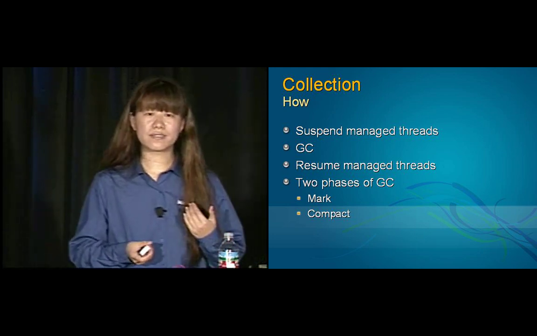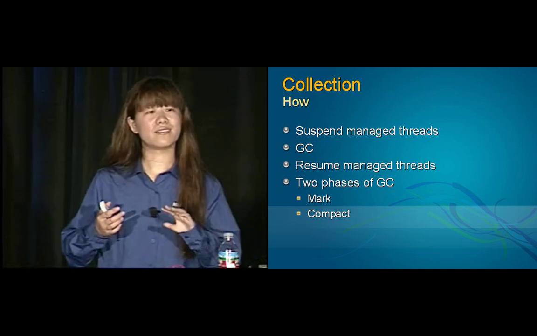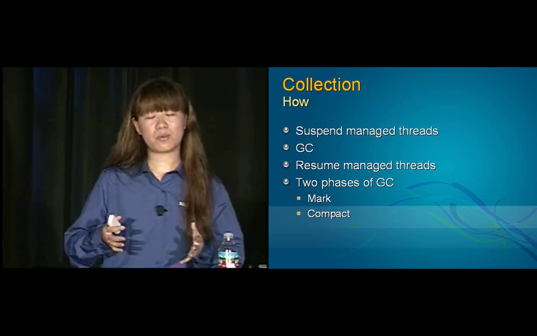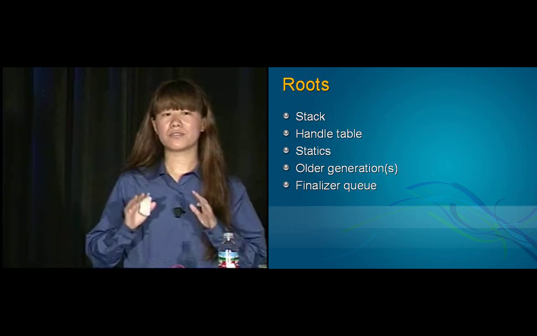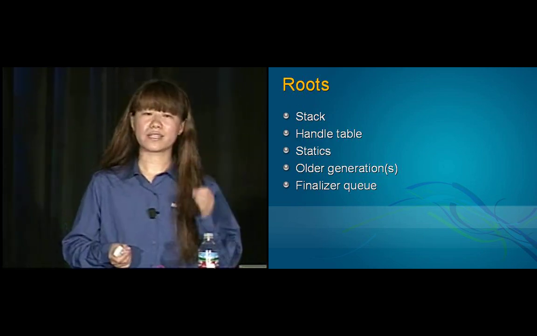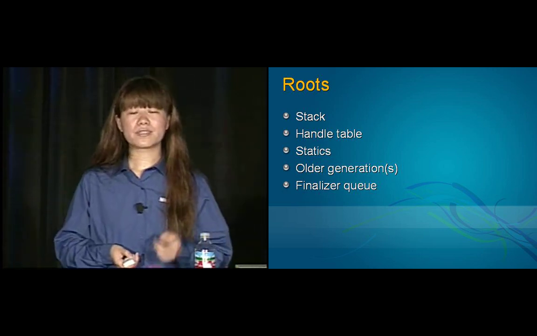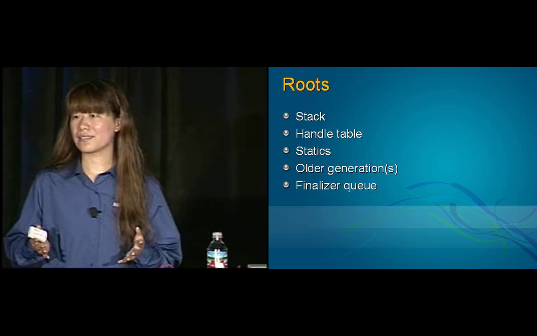We call the objects that GC starts to trace from root objects. All the objects that are live are referenced directly or indirectly by these root objects. So let's look at what kind of objects are root objects. The first category is what's on the stack.